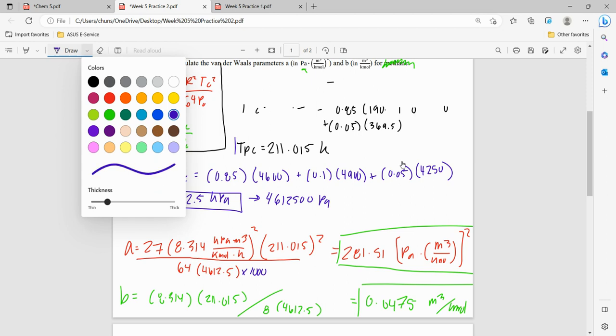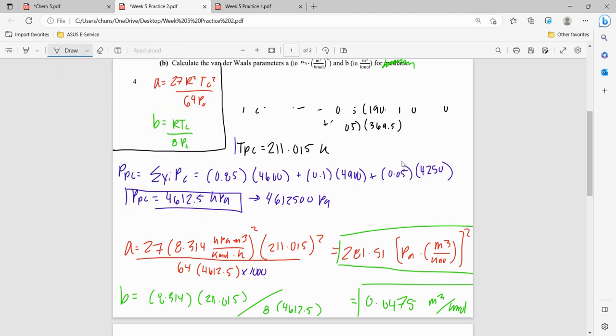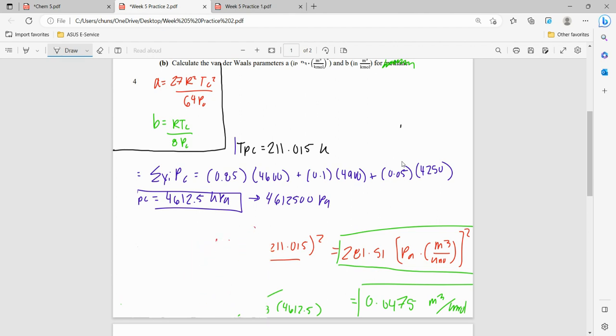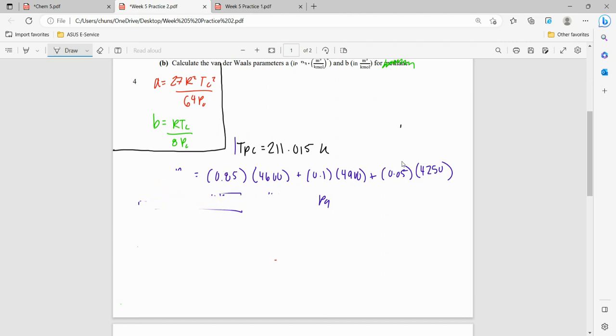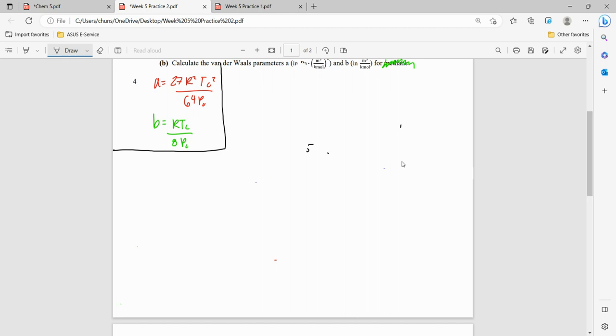Actually, instead, I'm just going to, there's a couple things that I missed here, so thank you for your patience. I promise this is a good unit. I really liked ideal gases and real gases. Okay, so let's start clean.